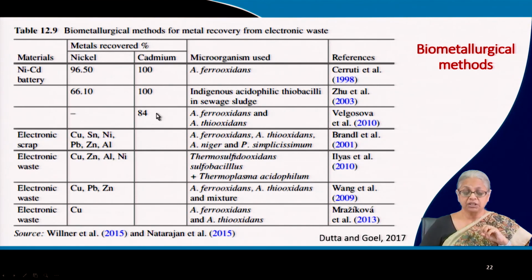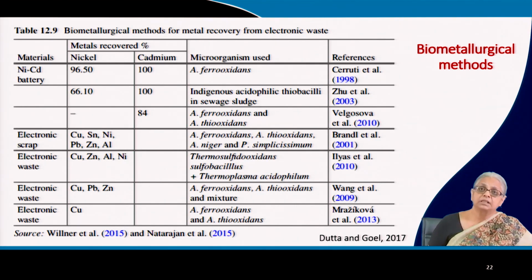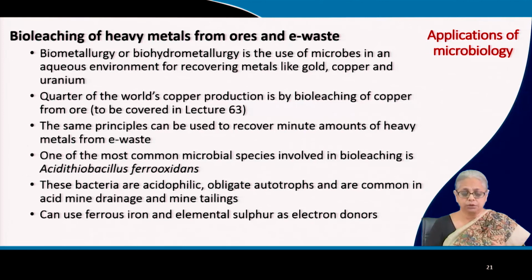So it's not difficult to find, and it can be used to recover these metals from electronic waste. Copper, tin, nickel, lead, zinc, aluminum, all of them have been recovered. So this is a very promising method for recovering different types of metals.